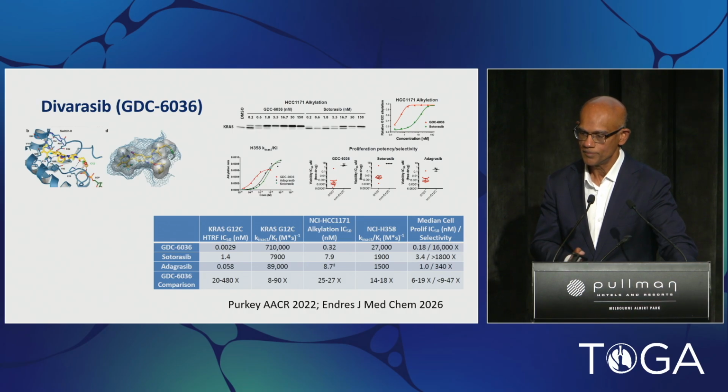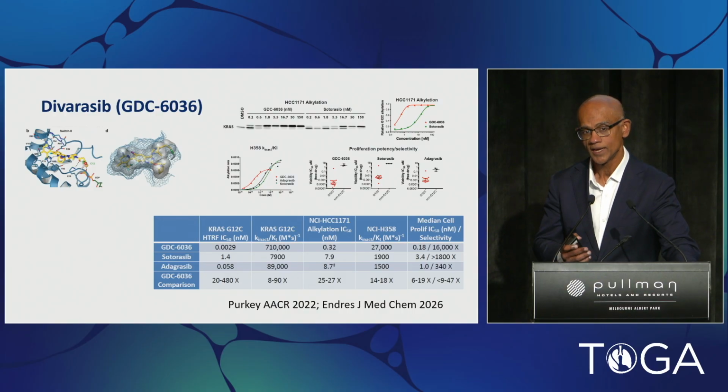So divarasib is one of these inhibitors. Preclinically, it's more potent against KRAS G12C than sotorasib or adagrasib. It's got different kinetics of binding. I should add, like sotorasib and adagrasib, it is what we call an off-state inhibitor.